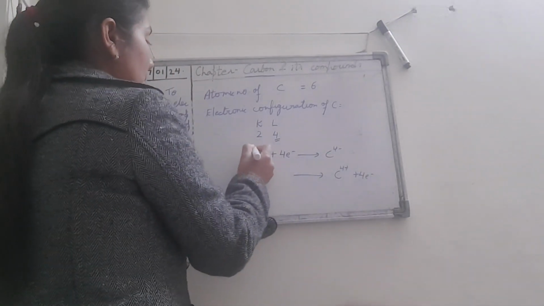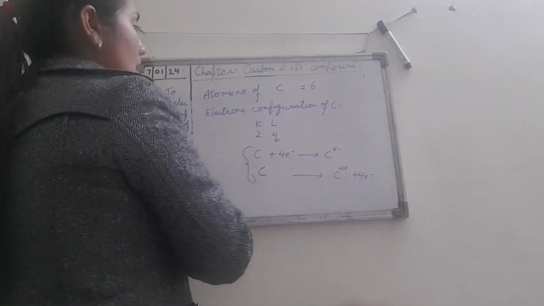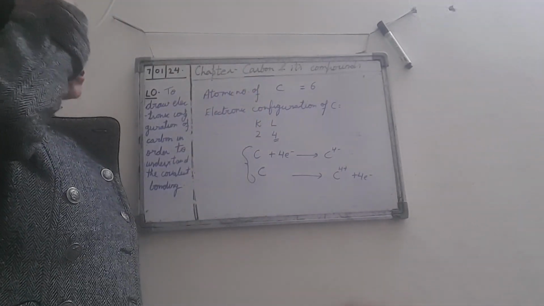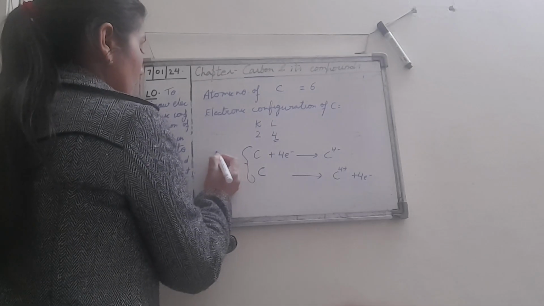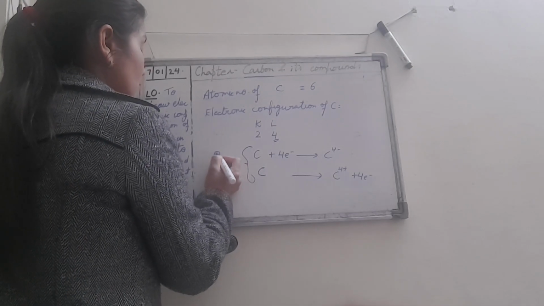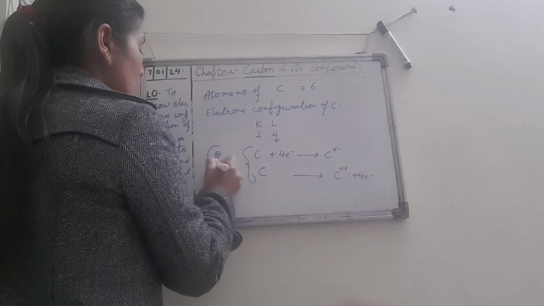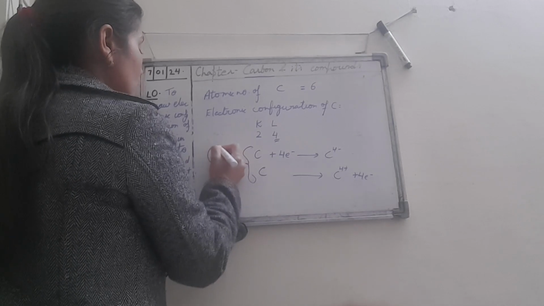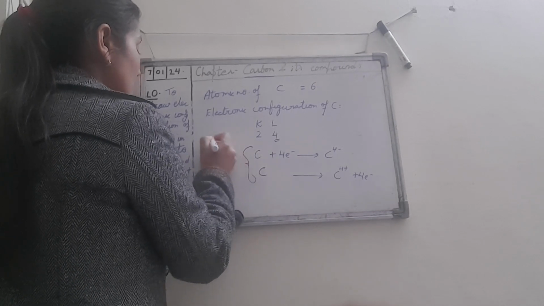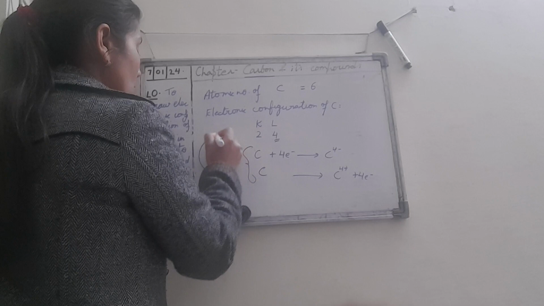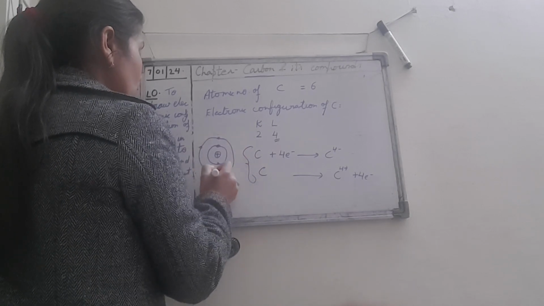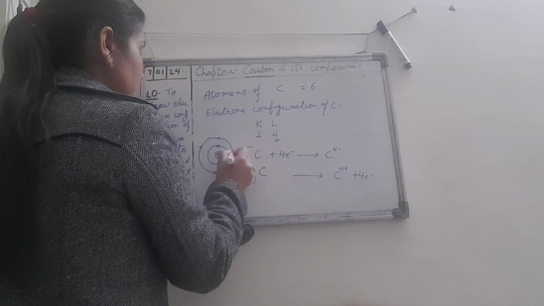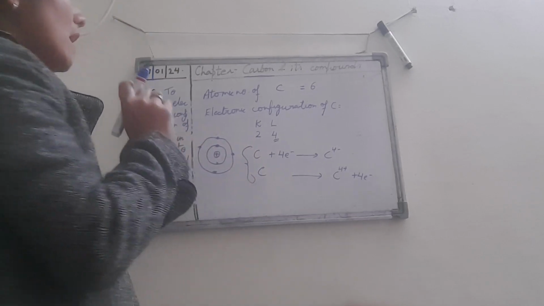Now, but the size of the carbon atom is very small. At the center is a nucleus. In the first shell there are 2 electrons, and in the second shell there are 4 electrons. And these 4 electrons are very close to the nucleus. Right?